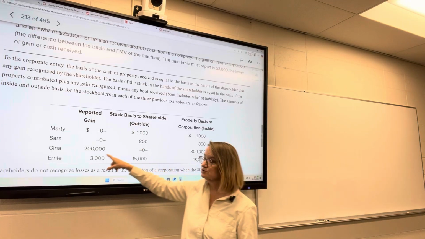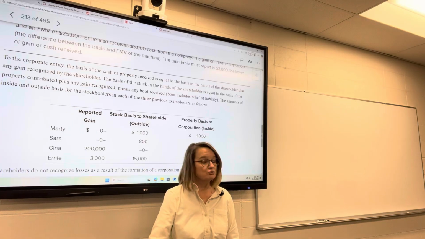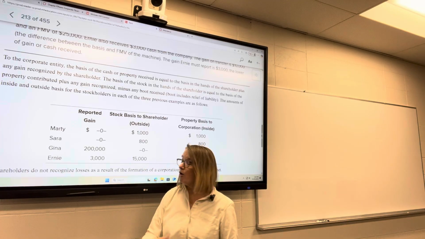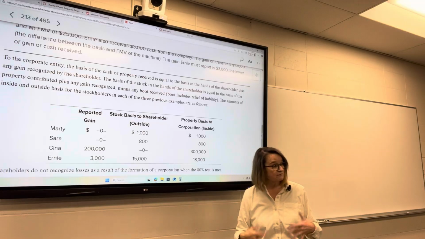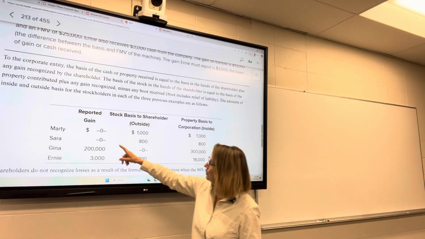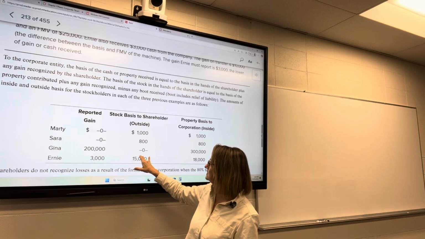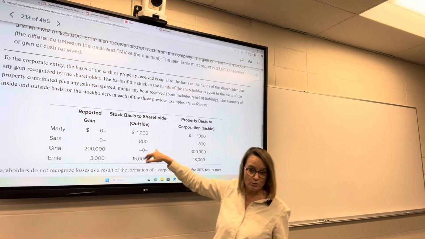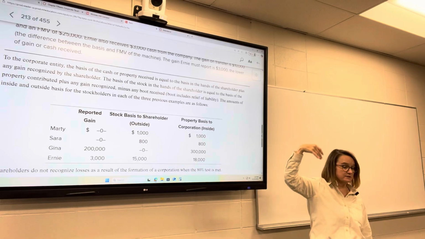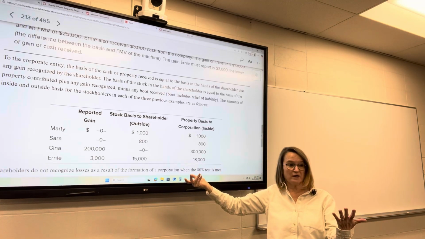Gina, remember, she contributed the building, but she had to recognize $200,000 of gain on that building because she was relieved of the liability for that building. So Gina's gain is going to be $200,000, but she has no basis in her portion of that company because the basis of that building was $100,000.